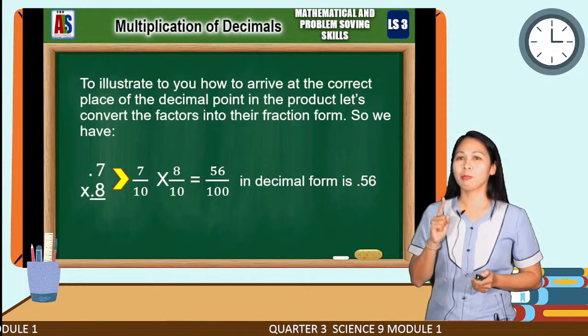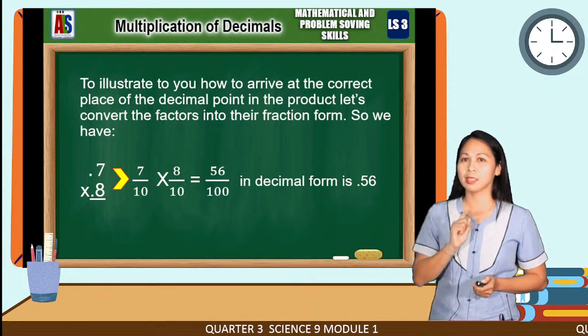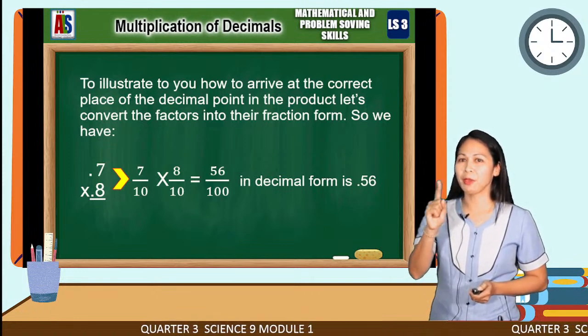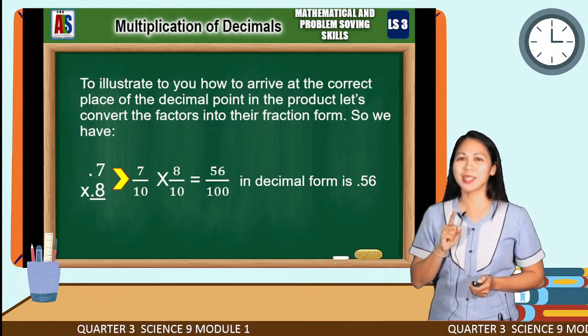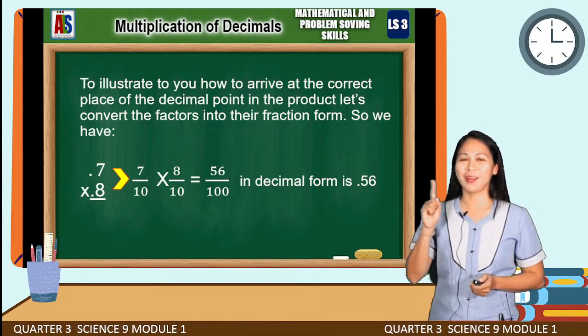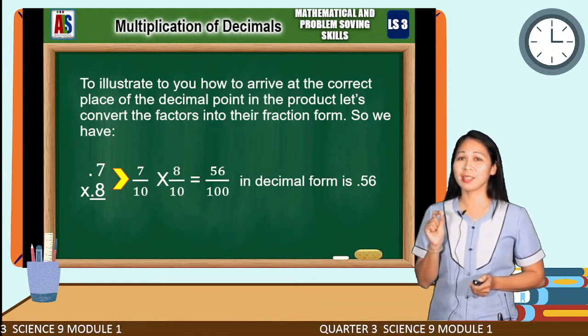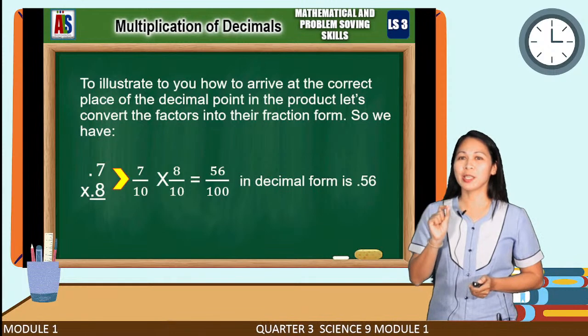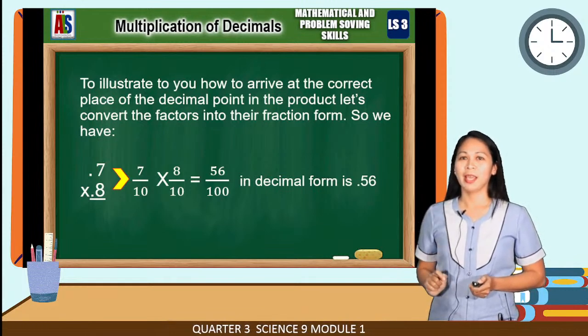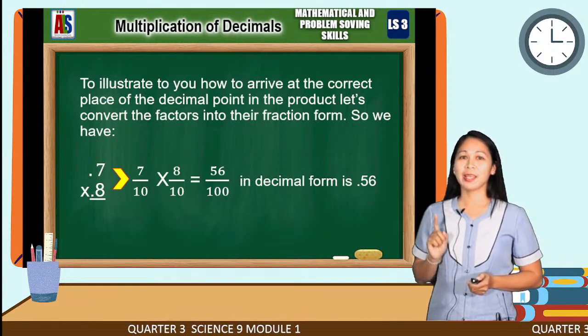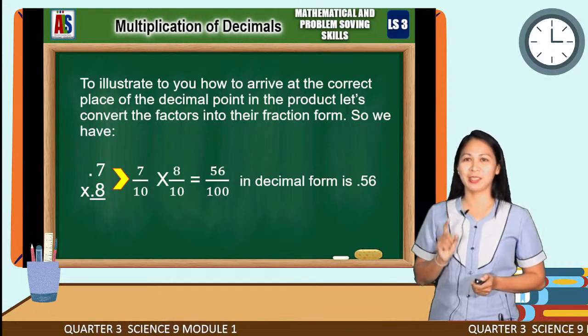When we multiply 7 times 8, that is equal to 56. And 10 times 10 is equal to 100. So the product is equal to 56 over 100. In decimal form, it is 0.56.